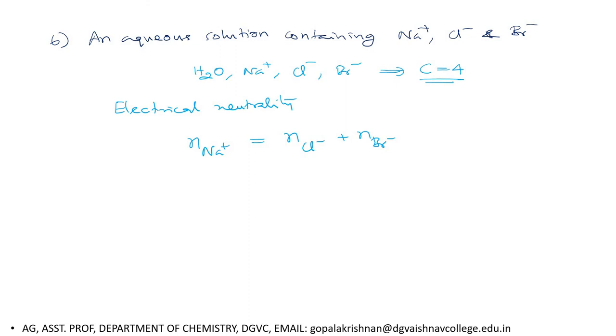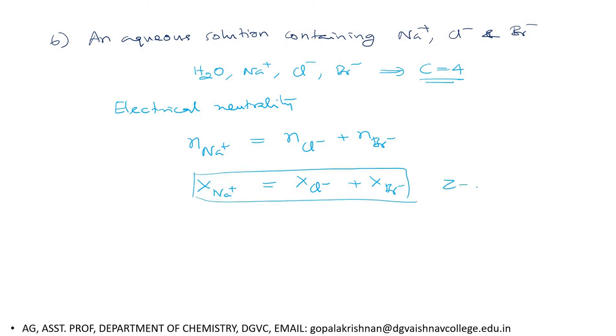These two should be equal, or if you divide throughout by the total number of moles, you can write this as mole fraction of sodium ion equal to mole fraction of chloride ion plus mole fraction of bromide ion. Therefore we have an additional condition to maintain electrical neutrality in the solution.